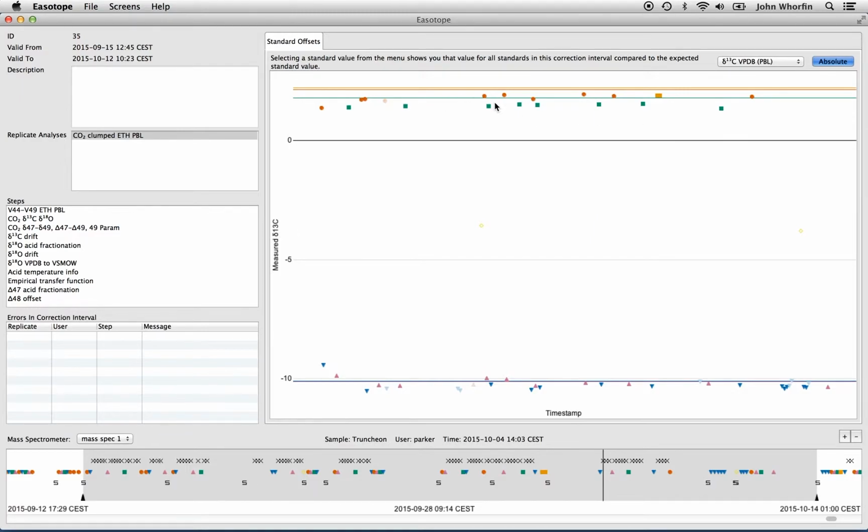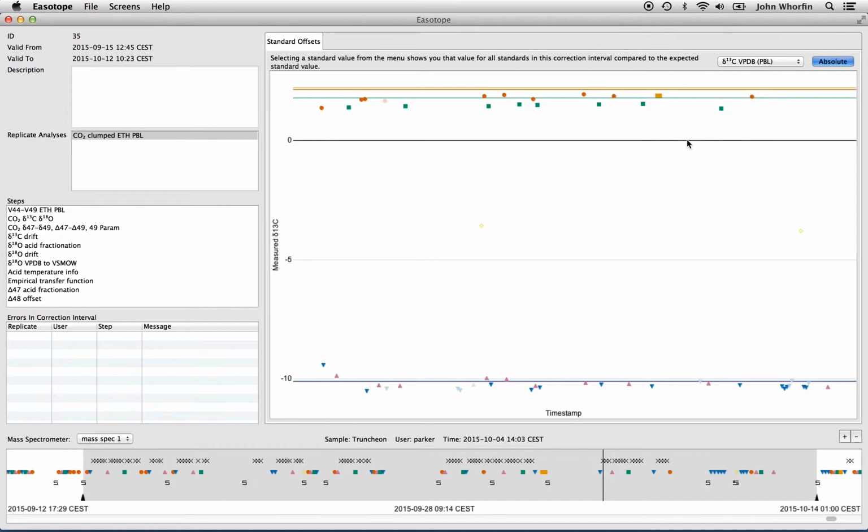So the green standard, which is the ETH3 carbonate, should have a carbon value approximately here. And then you can see that the samples that we measured, the standards that we measured, are actually below this line, and they're always below this line.